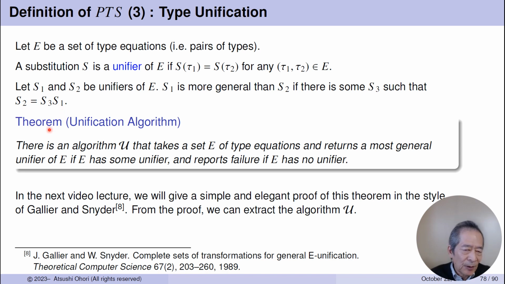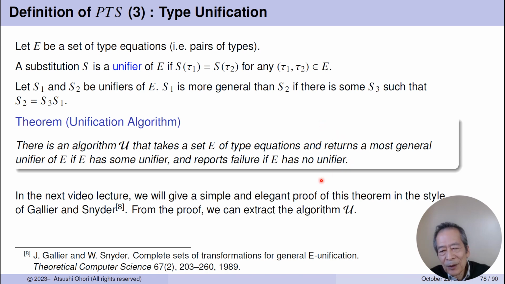And then we have a theorem, the theorem of the unification algorithm. It says the following. There is an algorithm called U that takes a set E of type equations and returns the most general unifier of E if E has some unifier, and reports failure if E has no unifier. Right?